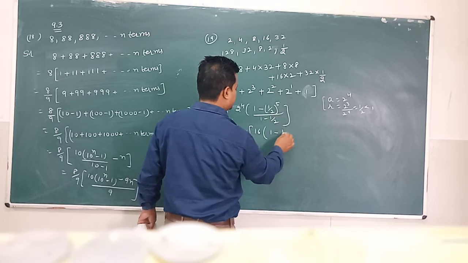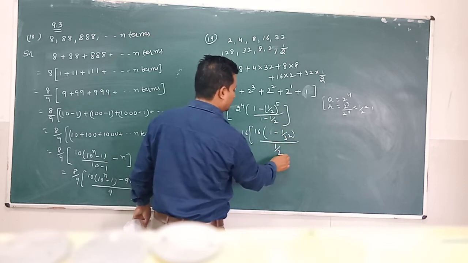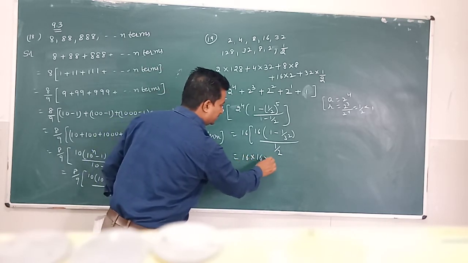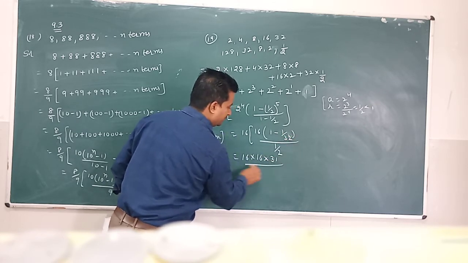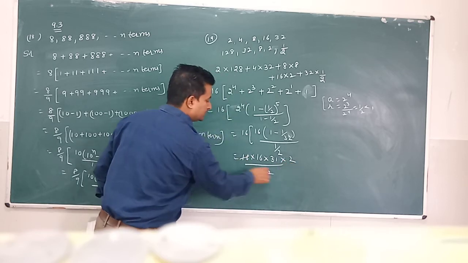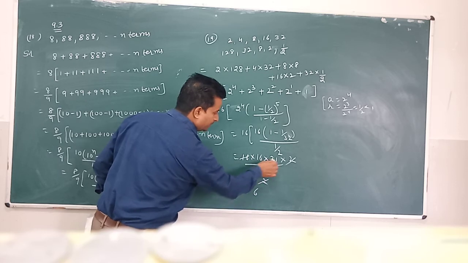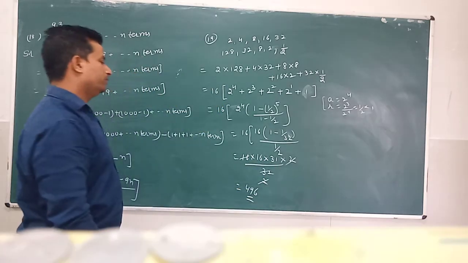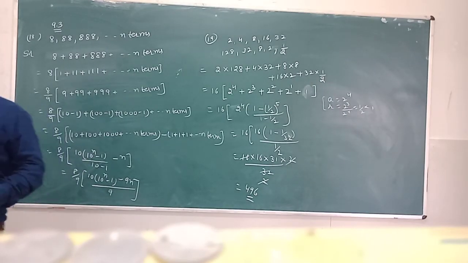When we solve this, it is 16 into (1 minus 1/32) upon 1/2, so this is 16 into 31/32 into 2. Cancelling, this gives 31 into 16, which is the sum of this GP. So the sum of the products is 496.